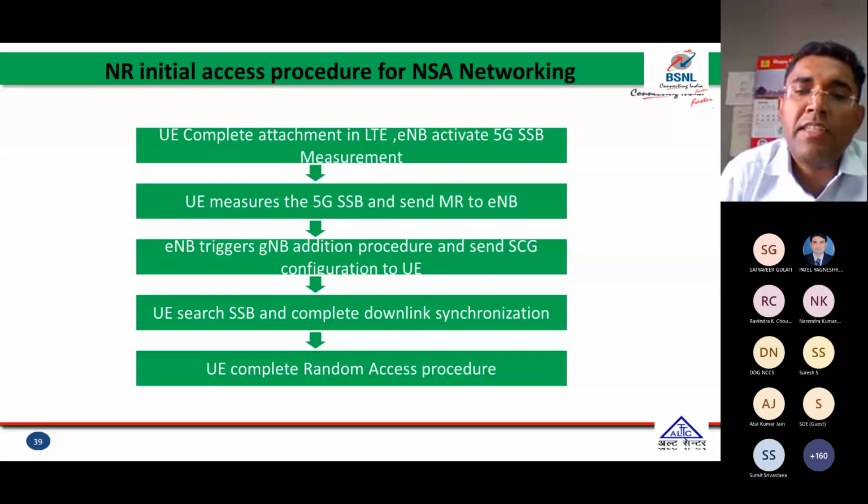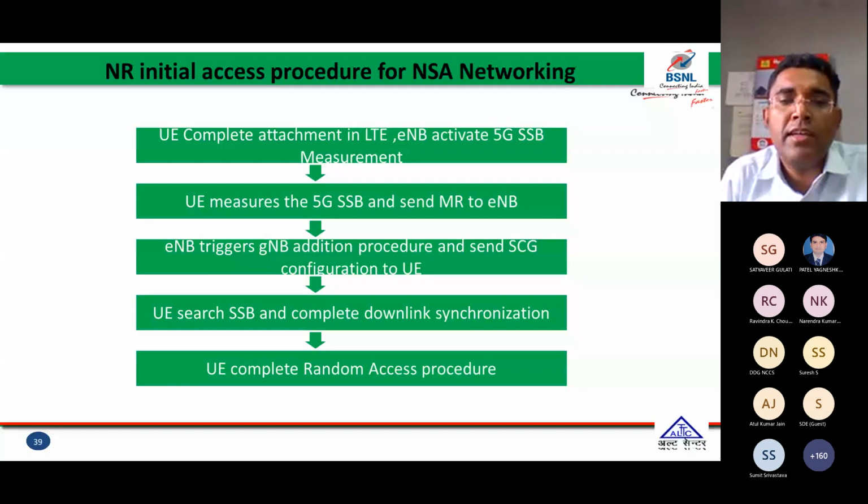This is the non-standalone deployment option. There are a few differences in the NSA and SA. In tomorrow's session, in the SA call flow and NSA call flow, we will discuss in detail how the UE completes the attachment in the LTE, then activates the E node B to add the G node B as a secondary node, right?